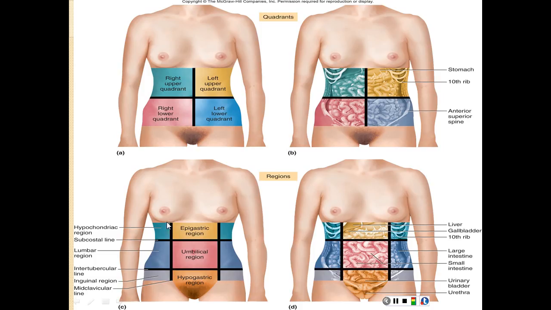And of course, running vertical, we have our mid-clavicular line. So we have 3 major lines separating, well, there's 4, but the midline and mid-clavicular, there are 2. But we have these lines that are going to separate these regions. You need to know the lines and the regions. Make sure you know left and right.